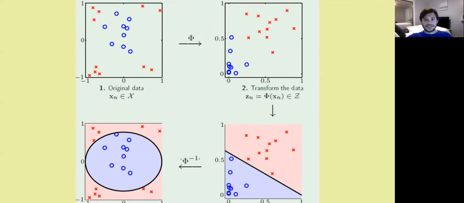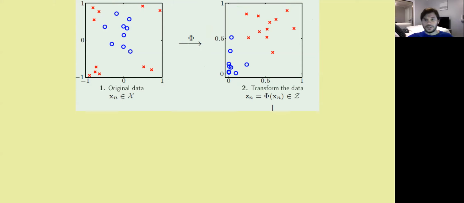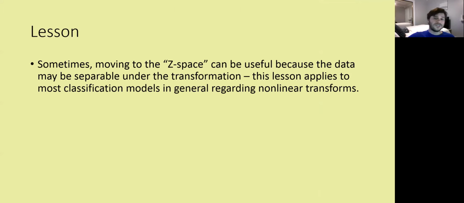And an important lesson, which applies not just to support vector machines but in general: sometimes using that z-space transformation, that nonlinear transformation, can be useful, even for other problems besides this data separability problem. This lesson applies to most classification models with respect to the role that nonlinear transforms play.